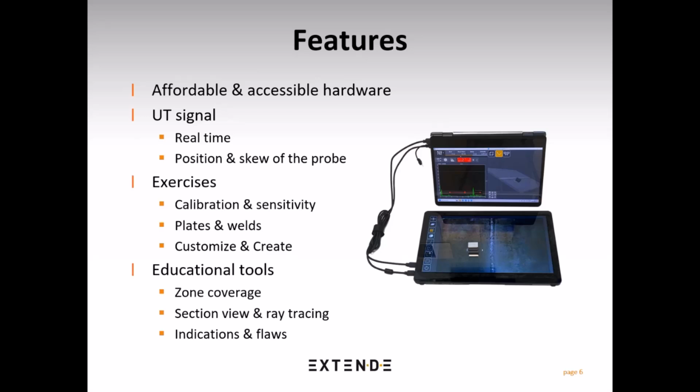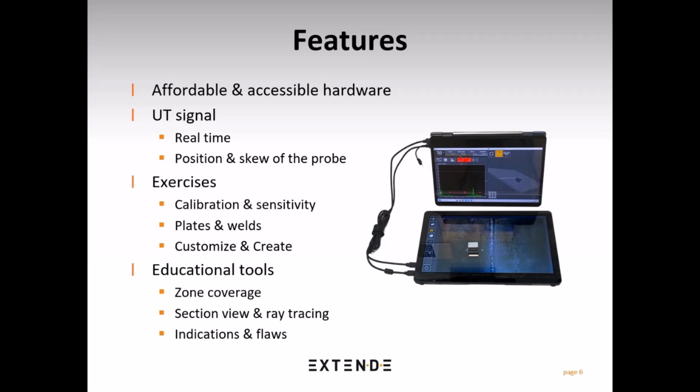TraiNDE UT runs on affordable and accessible hardware, requiring only a basic laptop and a standard external touchscreen. The virtual flaw detector displays the UT signal in real time based on the location of the dummy probe.